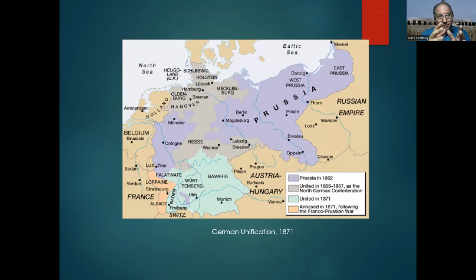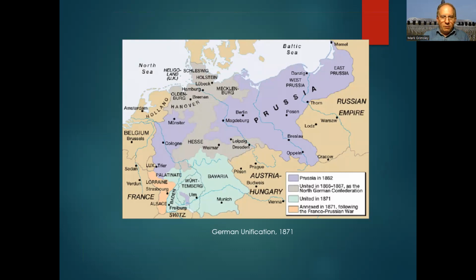And so in the 17th, 18th century, France is the hegemonic power that needs to be sort of contained. After the Franco-Prussian War, increasingly it looks like it's Germany. United Germany is the problem. It's the issue.